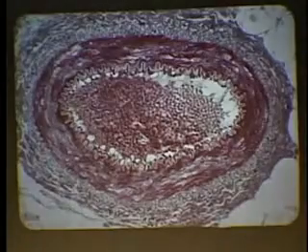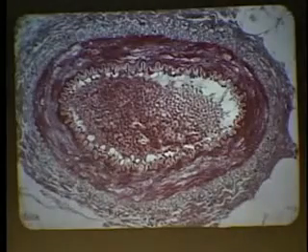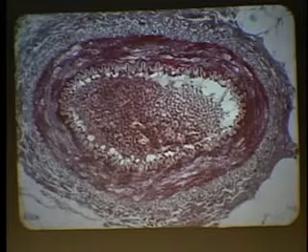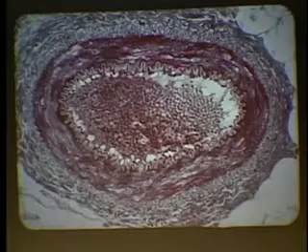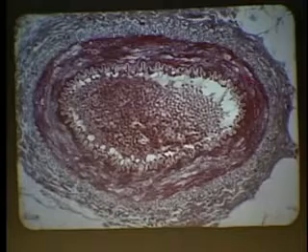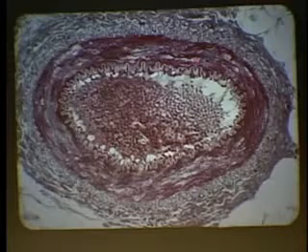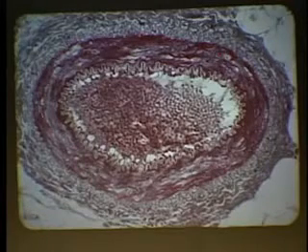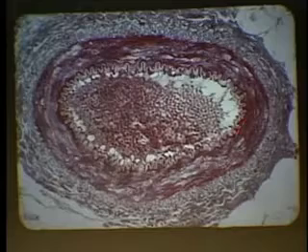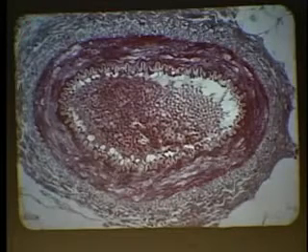look at that. You can distinguish, here's my internal elastic membrane. Here are my endothelial cells. This then is my muscular layer. This is all smooth muscle. And this then is our adventitia.